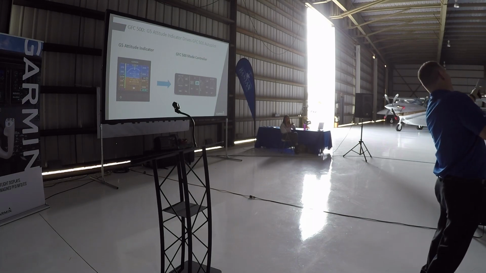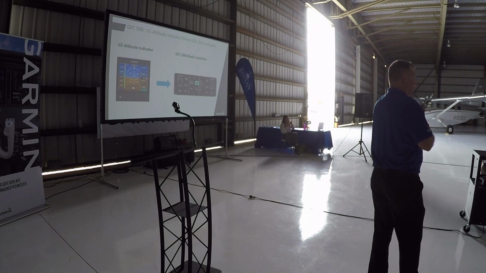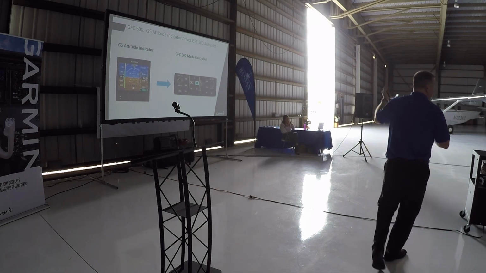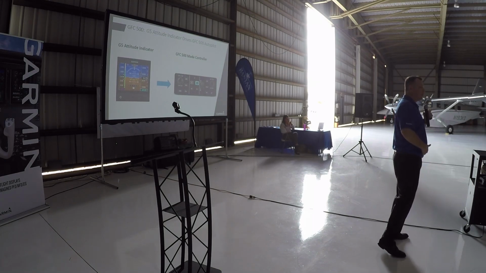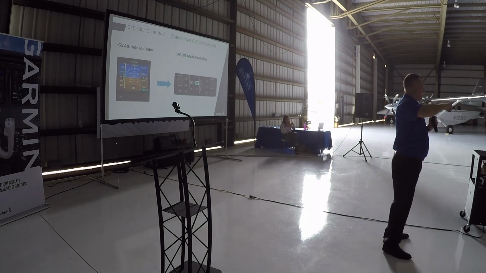So he banks it, he cranks it in to try to get back and line up with the runway, and it stalls. And you're close to the ground, so there isn't enough room to recover. Well, if you have a GFC 500 or 600 with electronic stability protection, now when you go more than 30 degrees of bank, it'll start pushing back. You go 45 or 60 degrees of bank, it really pushes back.